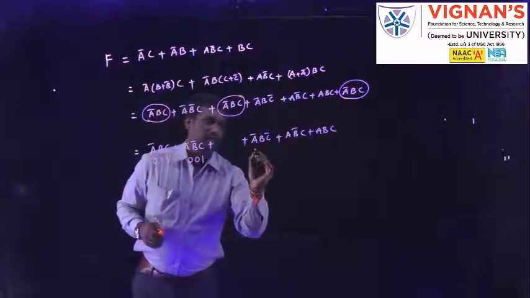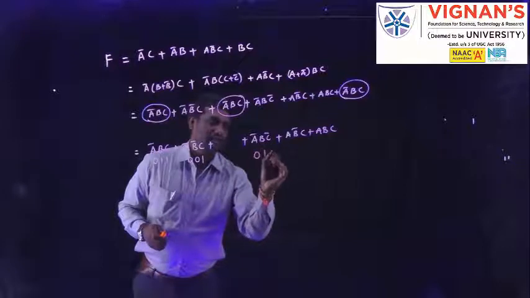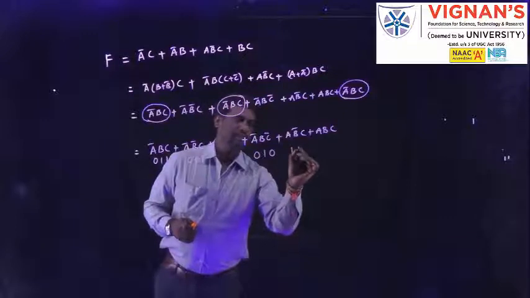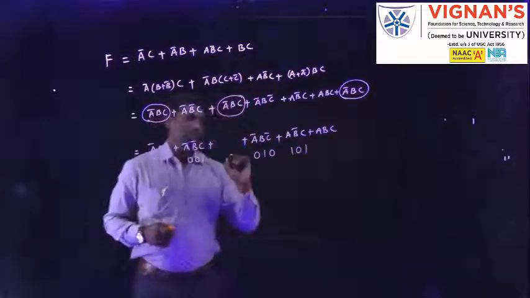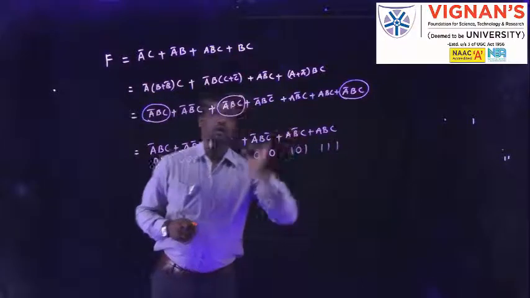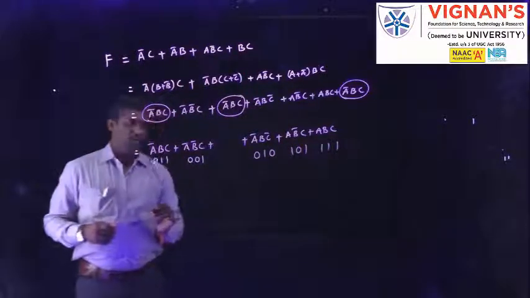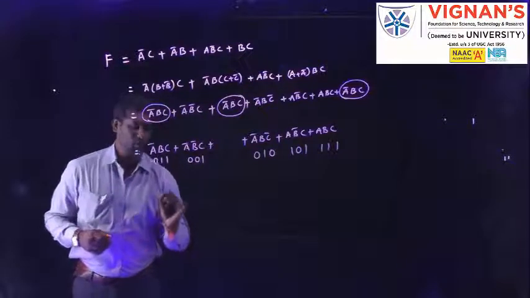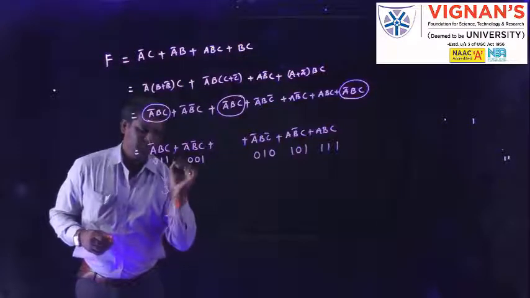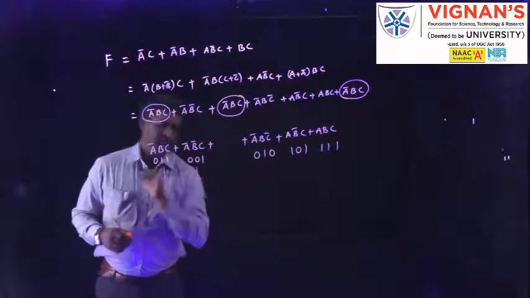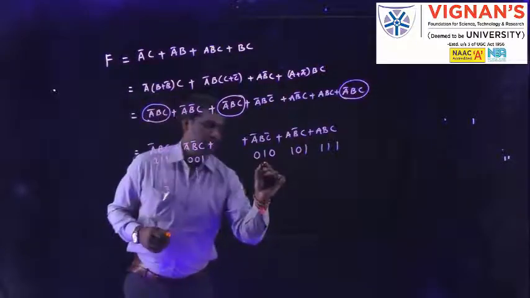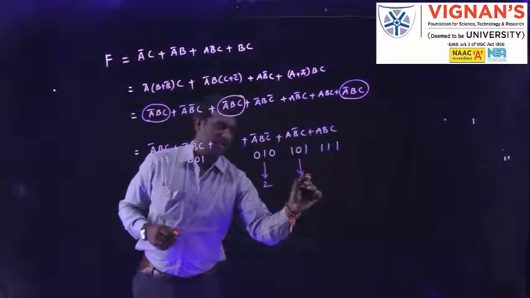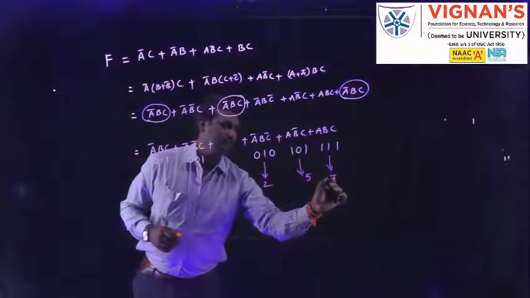So now here a bar b c bar is nothing but 0, 1, 0, and A, B bar, C is nothing but 1, 0, 1. Now A, B, C is nothing but 1, 1, 1. Now its equivalent decimal values: 0, 1, 1 is nothing but 3. 0, 0, 1 is nothing but 1. 0, 1, 0 is nothing but 2. 1, 0, 1 is nothing but 5. 111 is nothing but 7.